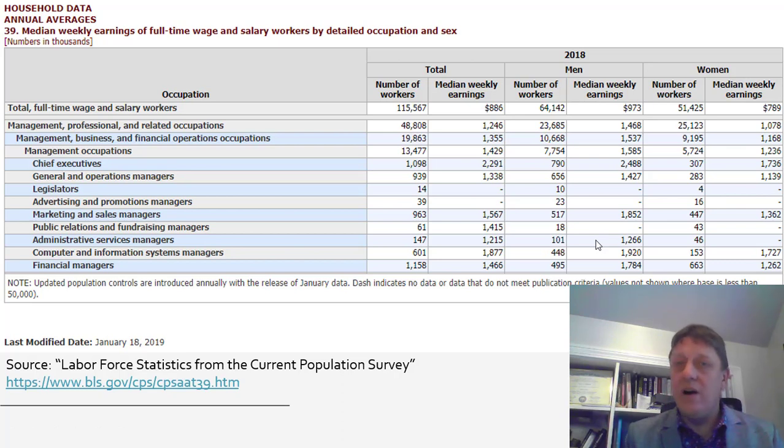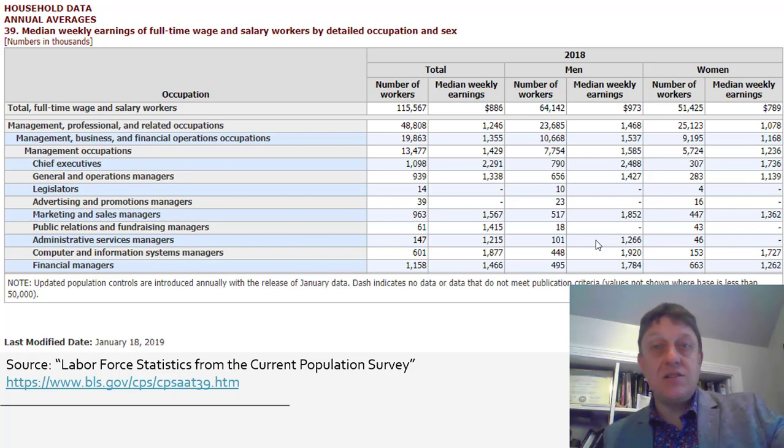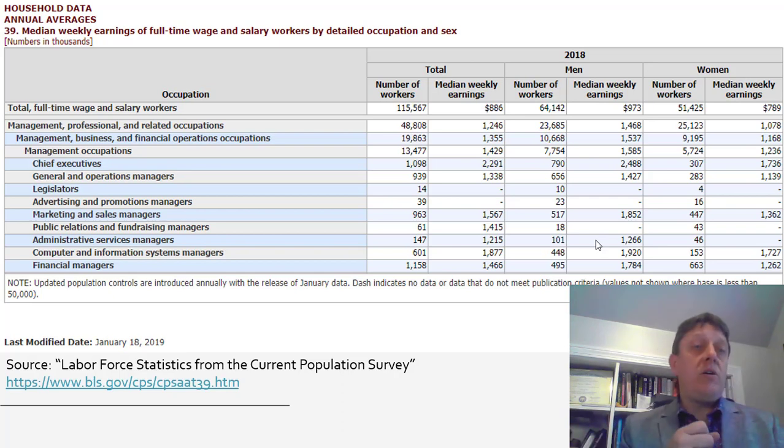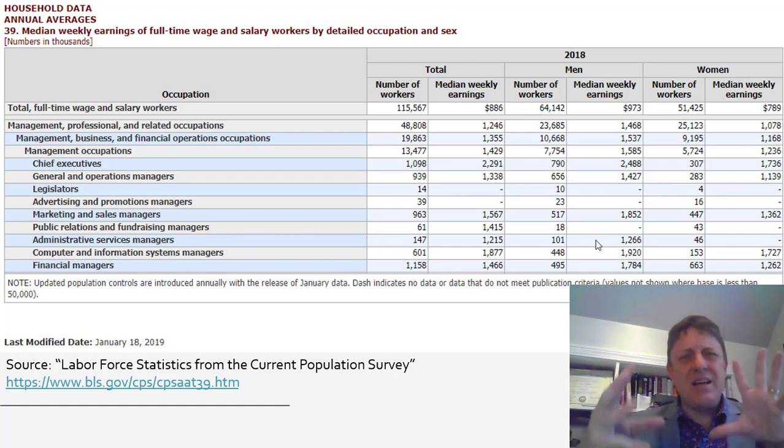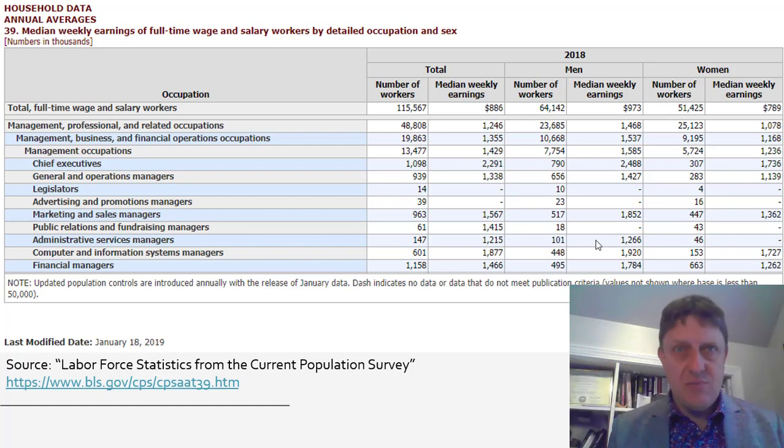Does it have to do with the share of the occupation that is men versus women? You could find out. You could also identify the occupations that are most sex segregated, or you could just list the occupations that have the highest pay gap between men and women in their weekly earnings. All kinds of questions that you could answer with this one table.